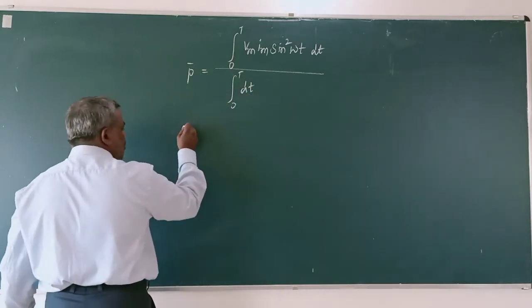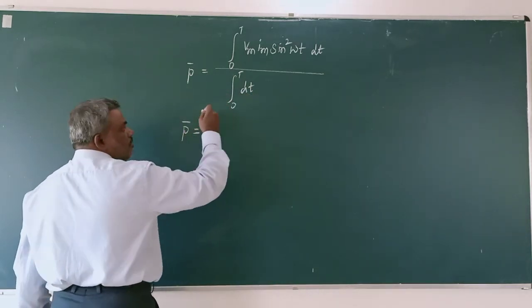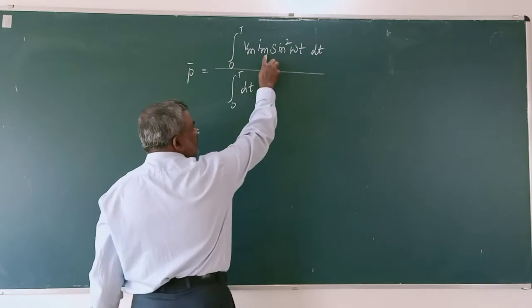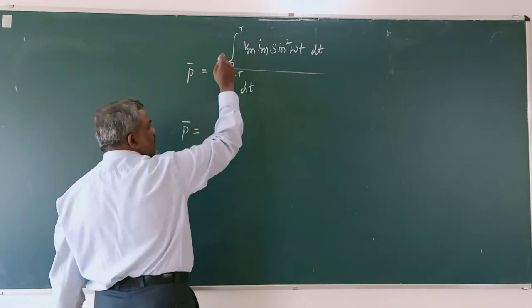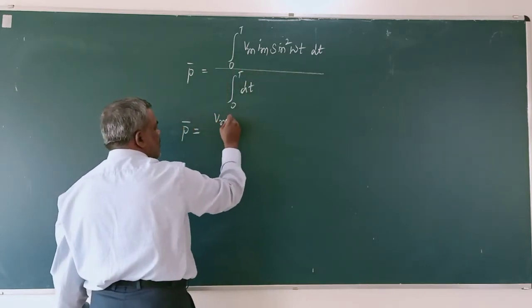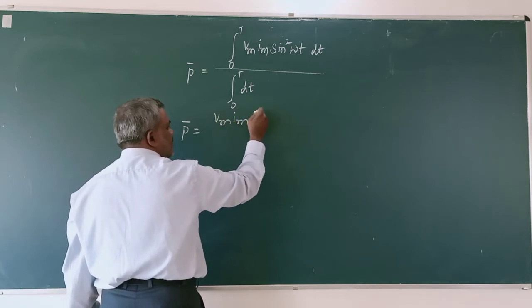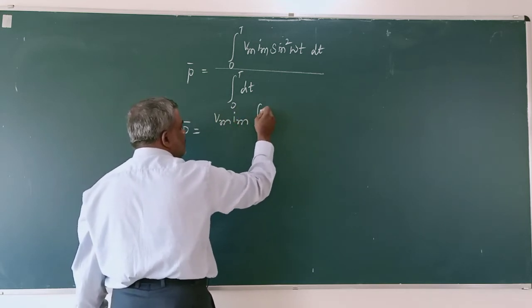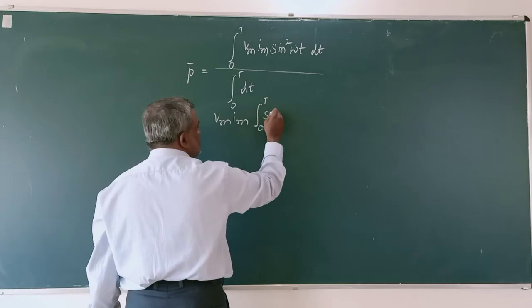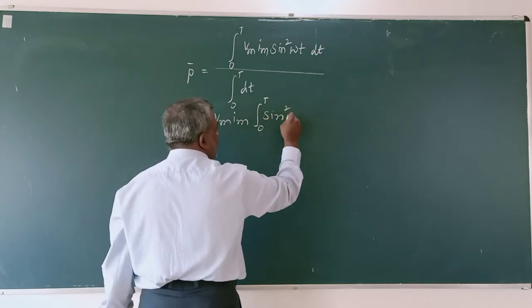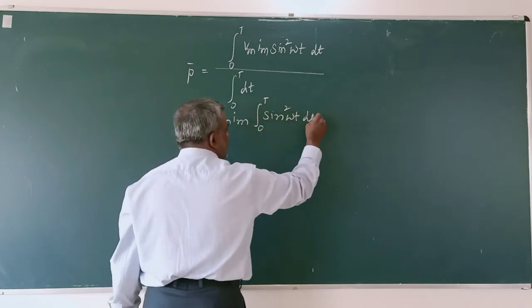So average power P equals, the numerator Vm Im take outside from the integral, Vm Im integral 0 to T sin square omega t into dt.